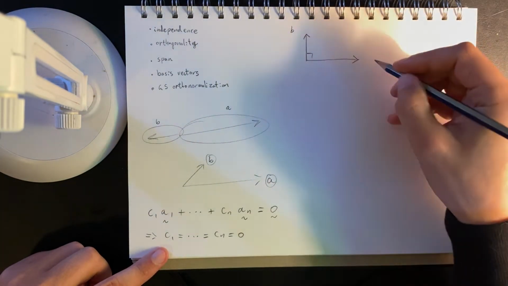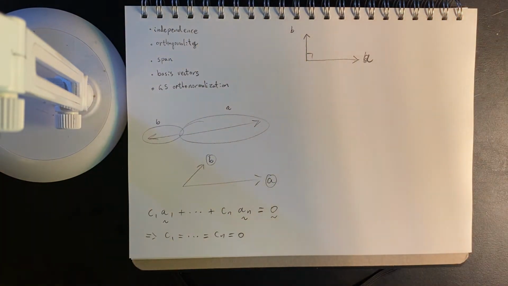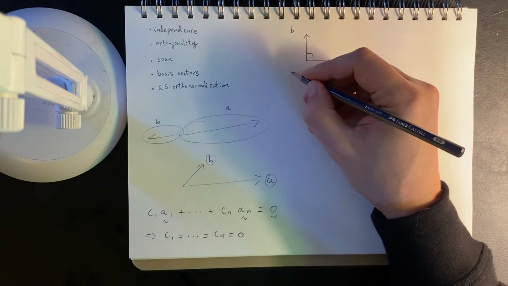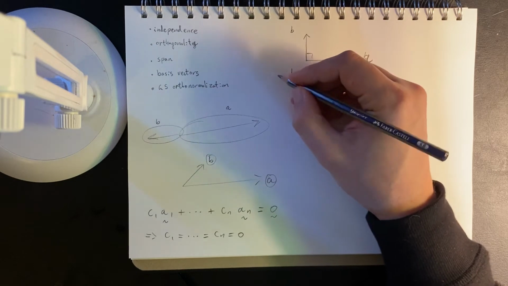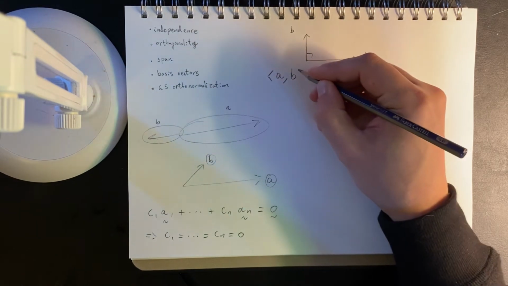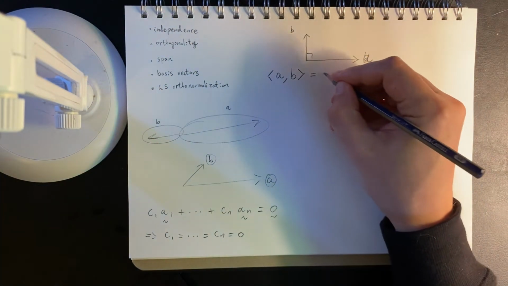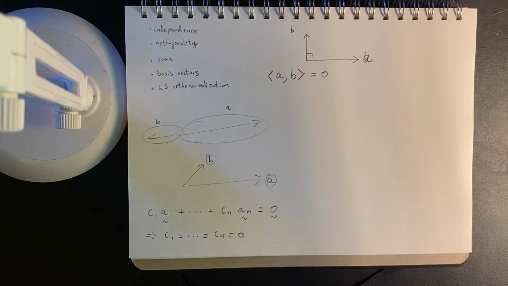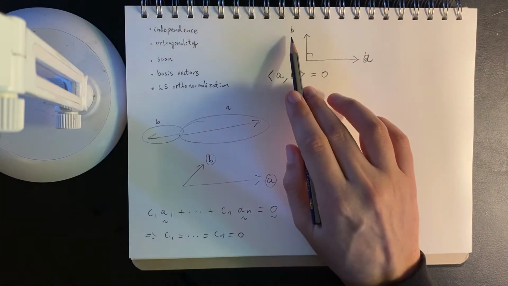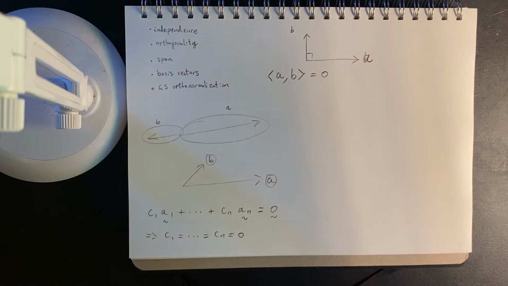So B is orthogonal to A in this case. Because what do we have? We have the dot product or the inner product. Actually I like to use these angle brackets to represent the dot product. If it's 0 and neither of these are the 0 vector, then these two vectors are orthogonal to each other.